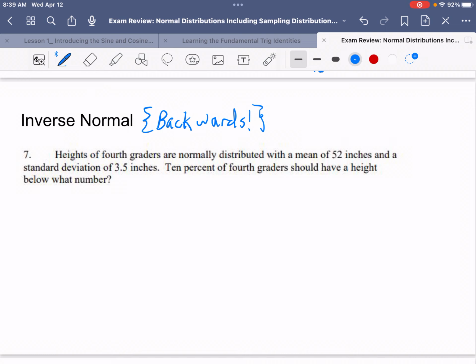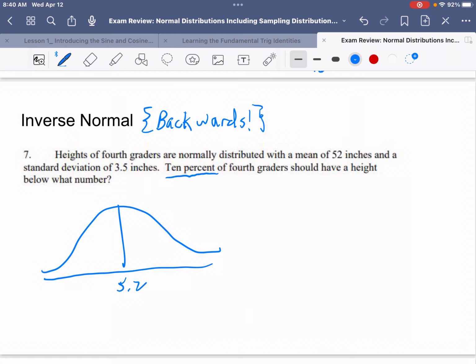Heights of fourth graders are normally distributed with a mean of 52 inches and a standard deviation of 3.5 inches. 10% of fourth graders should have a height below what number? Well, here when they say 10% of fourth graders should have a height below what number, they're saying what height, that should be a 52, sorry, has an area of 0.10 below it.